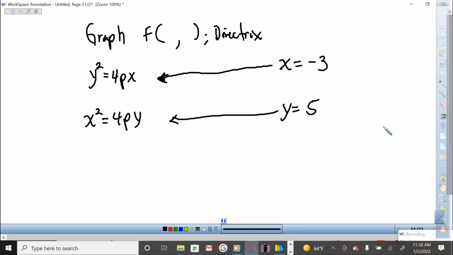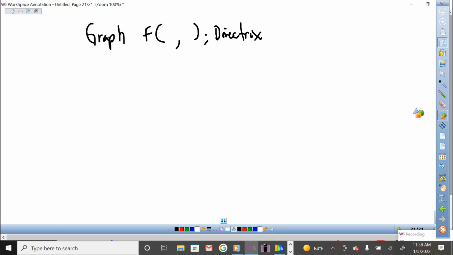All right? Let's try it. So let's say I asked you to graph, and they gave us x equals 2. Tell your neighbor what equation you would write for that one.